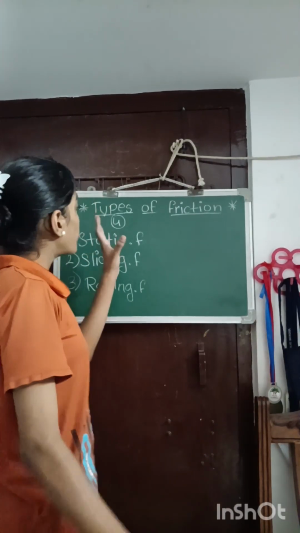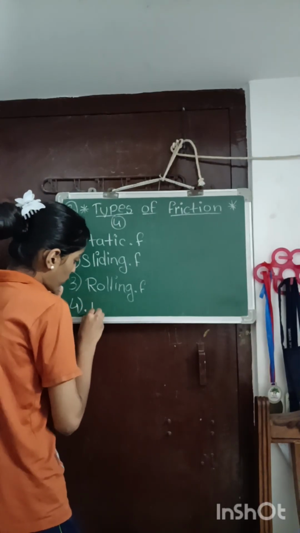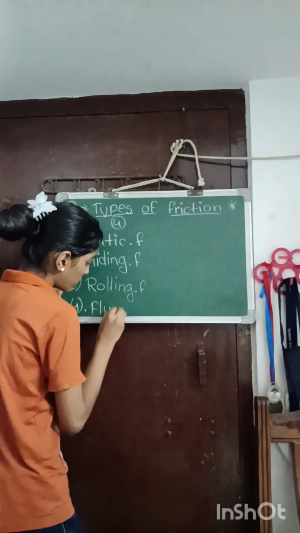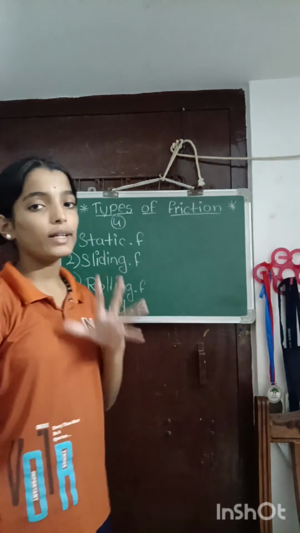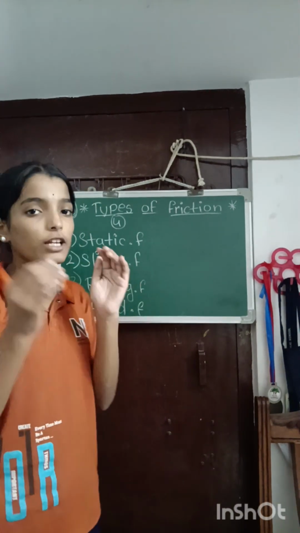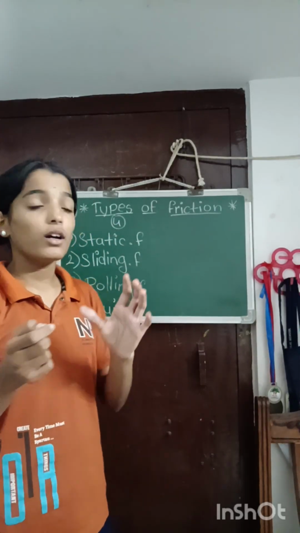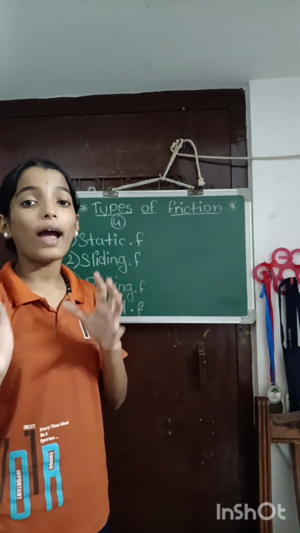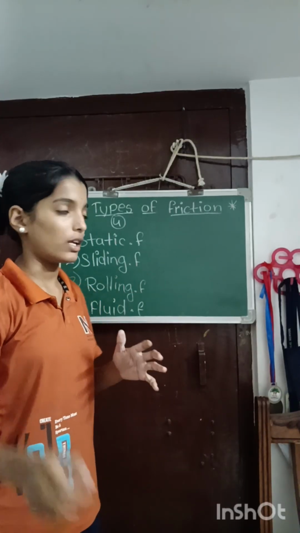So the last type of friction is fluid friction. Fluids consist of both liquids and gases and exert a frictional force known as drag. This drag relies on factors such as object shape, material and velocity.